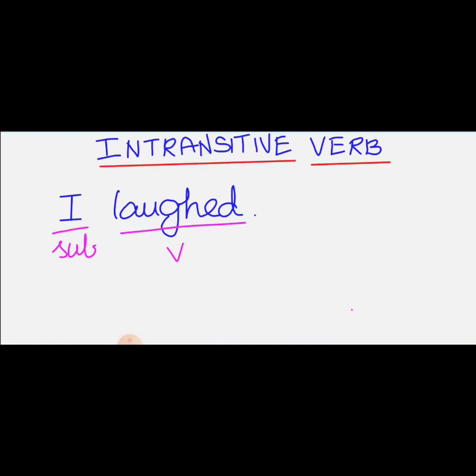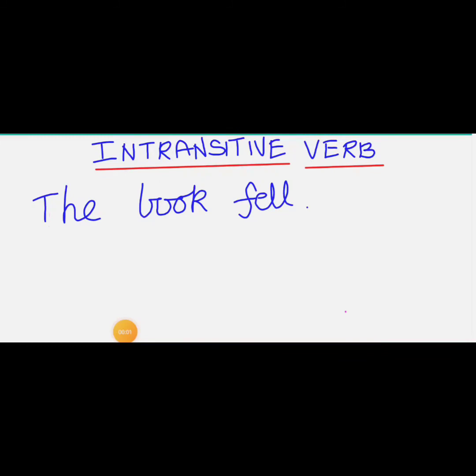So now let's look into a couple more examples of intransitive verbs. The book fell. In this, fell is an intransitive verb, because in this sentence we do not have an object.